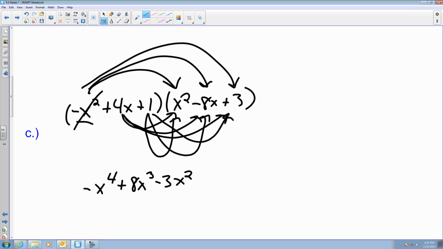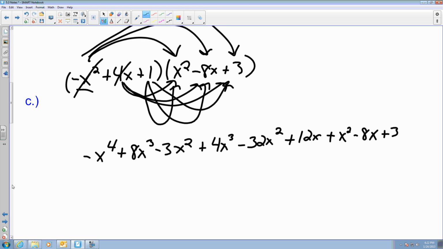So I'm done with that. I'm going to X that out. So now I'm going to deal with my 4x. So that gives me plus 4x cubed minus 32x squared plus 12x. Cross that out. Now I just multiply it by 1. So basically I'm just multiplying it by itself. So I go plus x squared minus 8x plus 3.